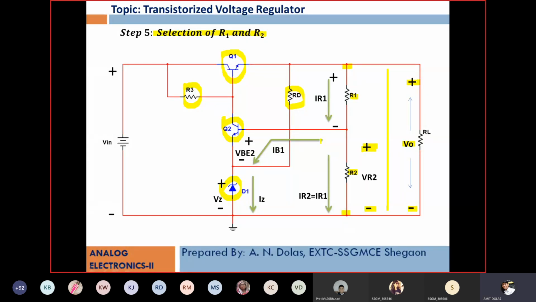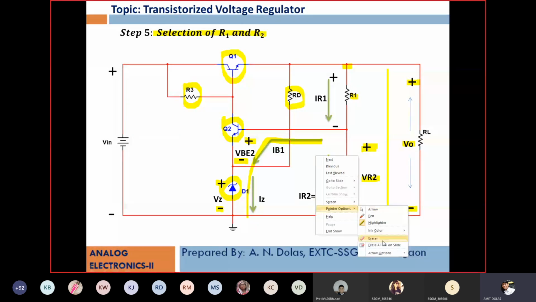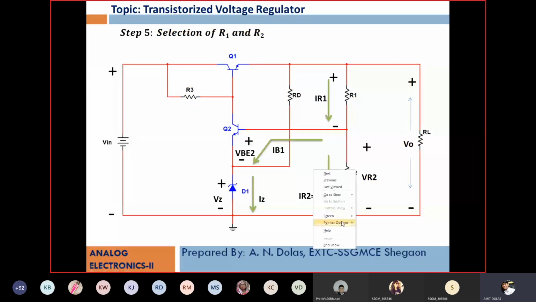This VR2 is connected across Zener likewise, where it will drop, VR2 will be dropped across base emitter junction of Q2, that is in the form of VBE2, and Zener voltage VZ. So if we know VR2, then we can easily find out the value of R2 by choosing current. Now related to current, I will erase earlier inks to avoid confusion.